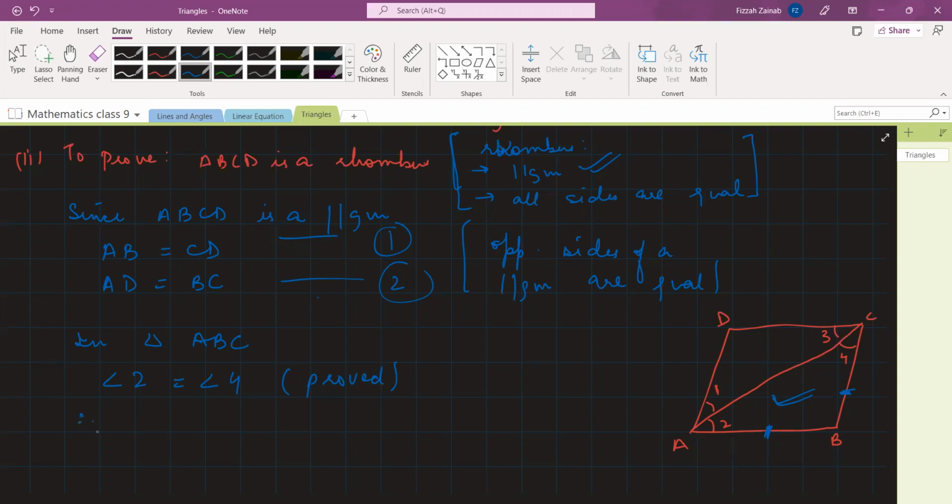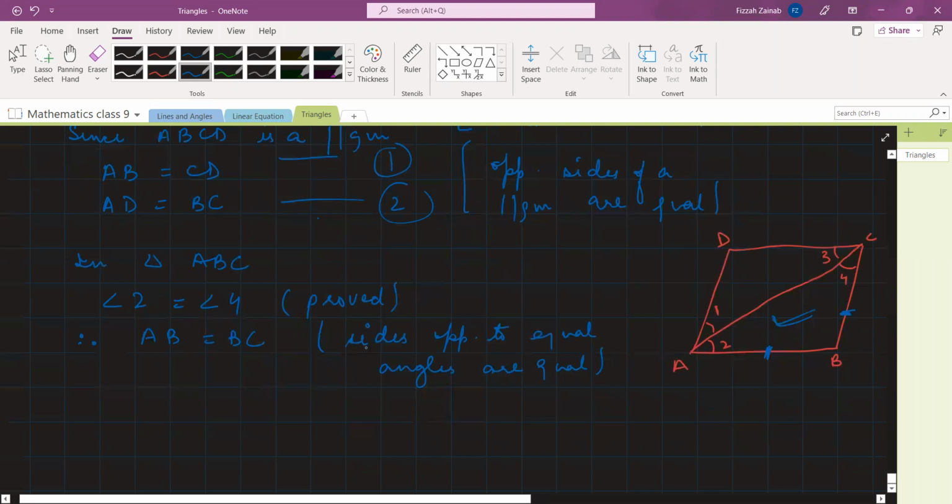So therefore, AB is equal to BC, right? Isosceles triangle. Sides opposite to equal angles are equal. This is the property we have learned. Okay. So you can mark it equation number 3.